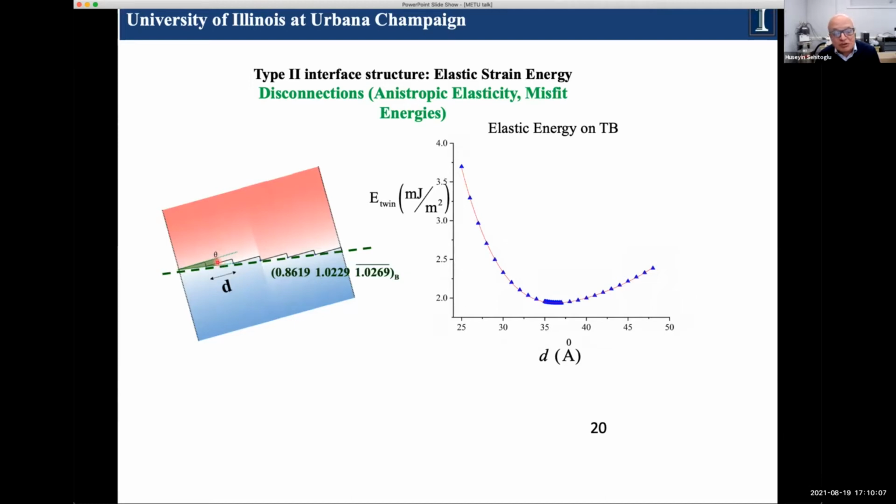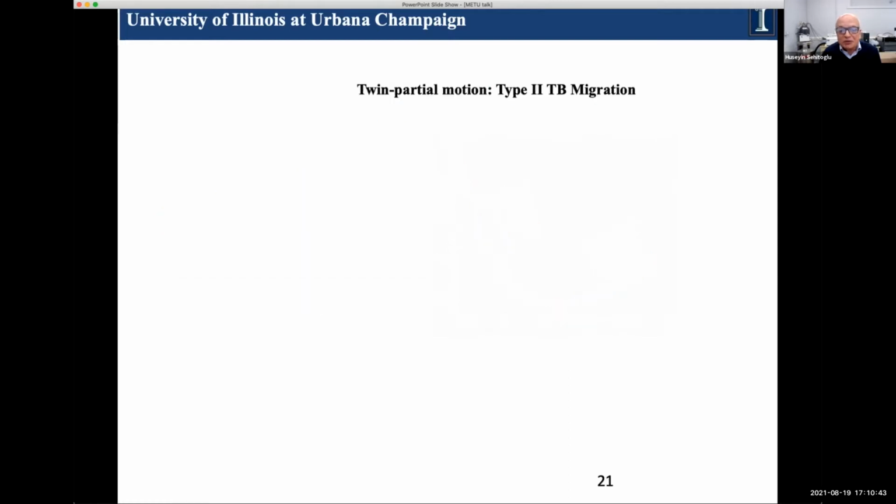We calculate the spacing of these ledges, or disconnections, at these boundaries. This is a competition between misfit energy and strain energy. If D is too large, then the strain energy becomes very high. But if these disconnections are spaced too frequently, then the misfit energy goes up. So there is an equilibrium separation of these disconnections. So twin partial build up, twin partial separation.